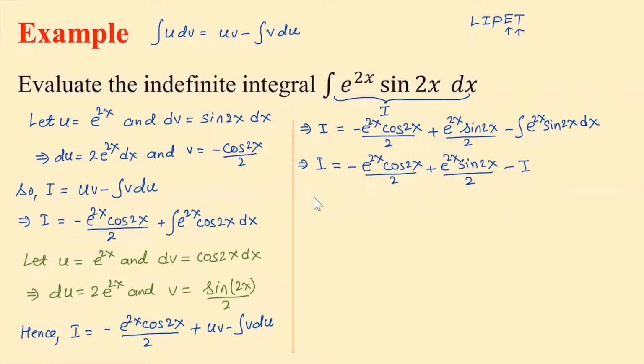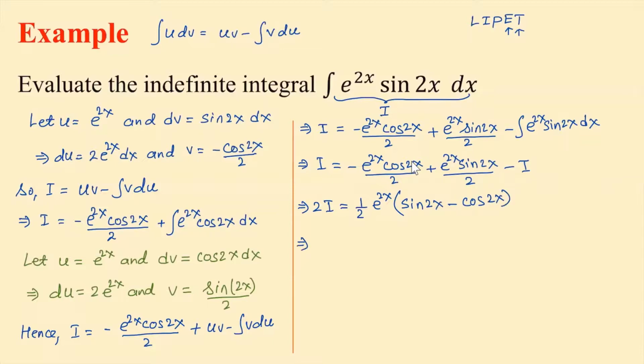So this becomes 2I equal to, here we can see we have e to the 2x over 2 as a common factor. I'm going to factor that out. E to the 2x over 2 can be written as half e to the 2x. And then here we are left with sine 2x. Here we are left with minus cosine 2x. So this can be written as sine 2x minus cosine 2x.